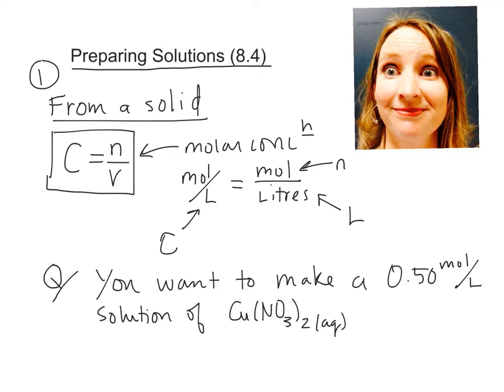Okay, and once you make it as a solution, the subscript will be aq. Also note that this has to be a soluble ionic compound in order for you to be able to even make the solution in the first place.